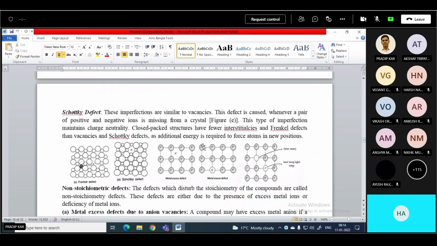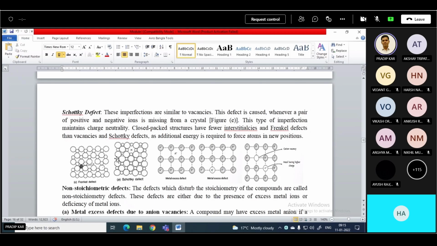And the Schottky defect is the defect when one anion and one cation, a pair of ions, are missing from the crystal lattice, but the positions remain as they are, only the anion and cation are absent. You can see here the cation is absent and here the anion is absent.